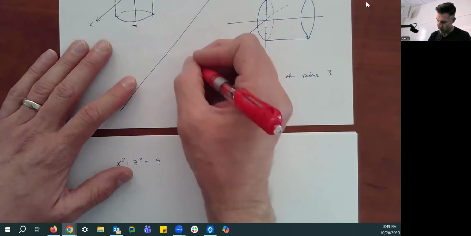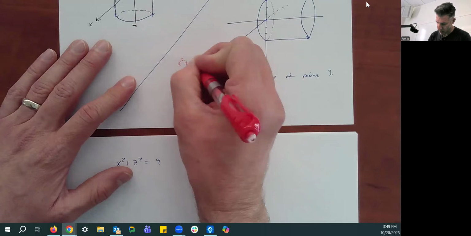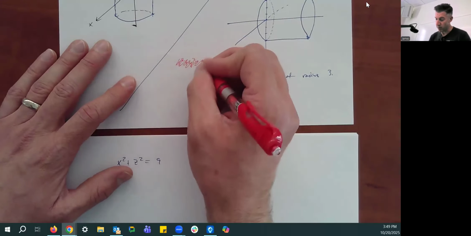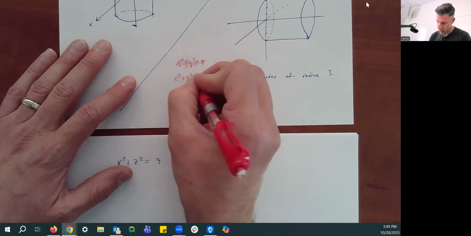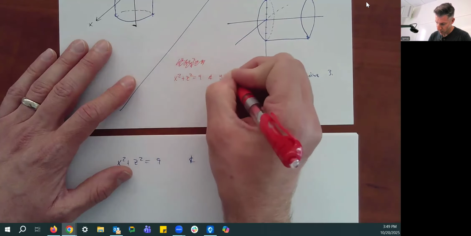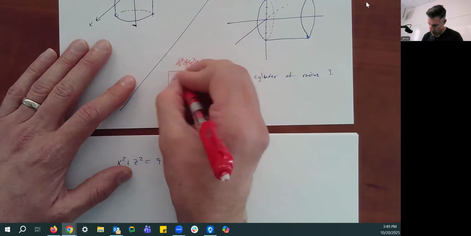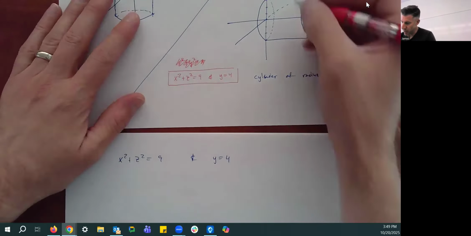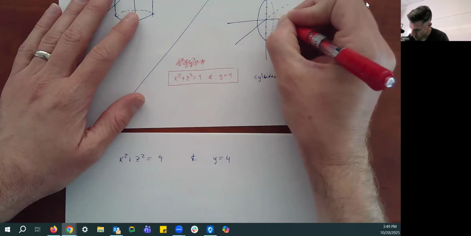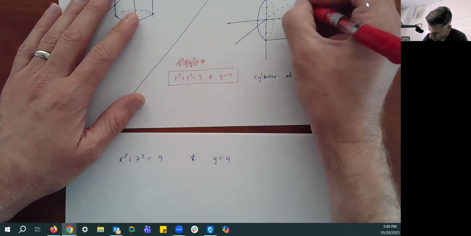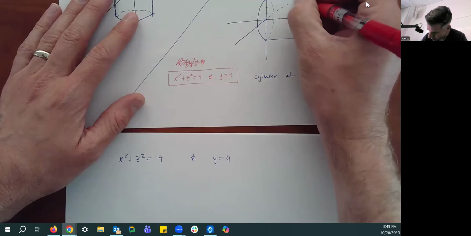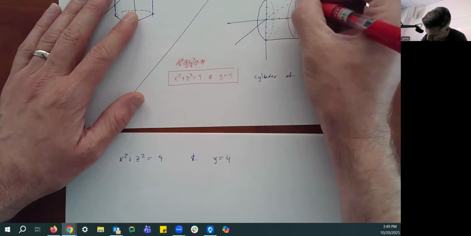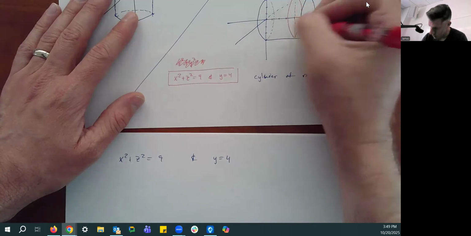That would give me the intersection of those two surfaces. It's where the cylinder, which is all the points around, and this plane at y equal 4 touch each other. So if we go over 1, 2, 3, 4, it's going to be that part of your cylinder. So it's just that circle.